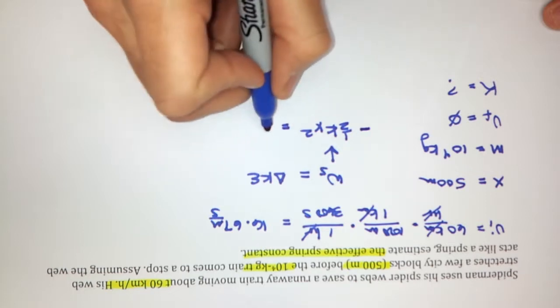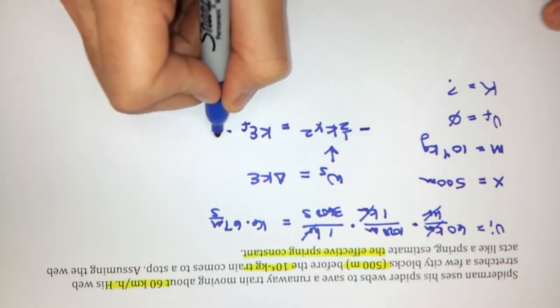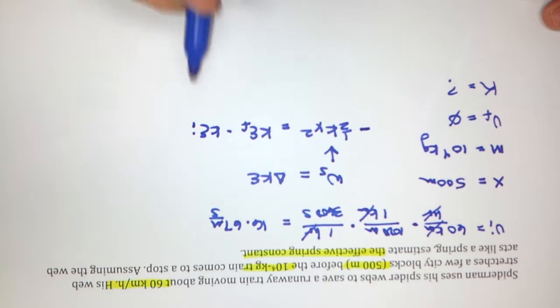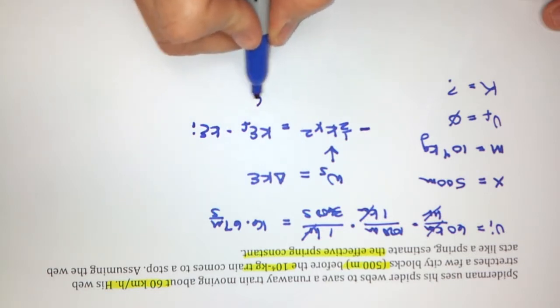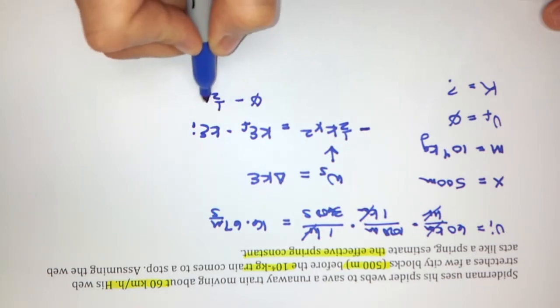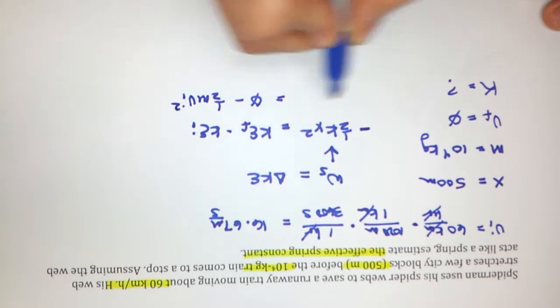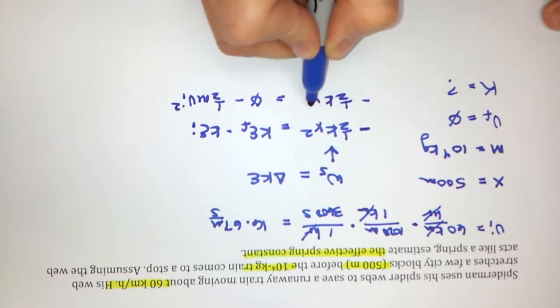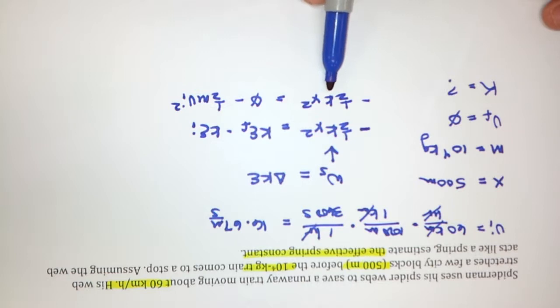It is equal to the change in kinetic energy, so kinetic energy final minus kinetic energy initial. Our final kinetic energy is 0, so it's minus 1/2 mvi squared is equal to negative 1/2 kx squared. We've said before that the spring constant is always positive. Remember that the spring constant is a measure of the elasticity of the spring or rubber band or whatever the elastic material is, and that it's constant for that particular substance.